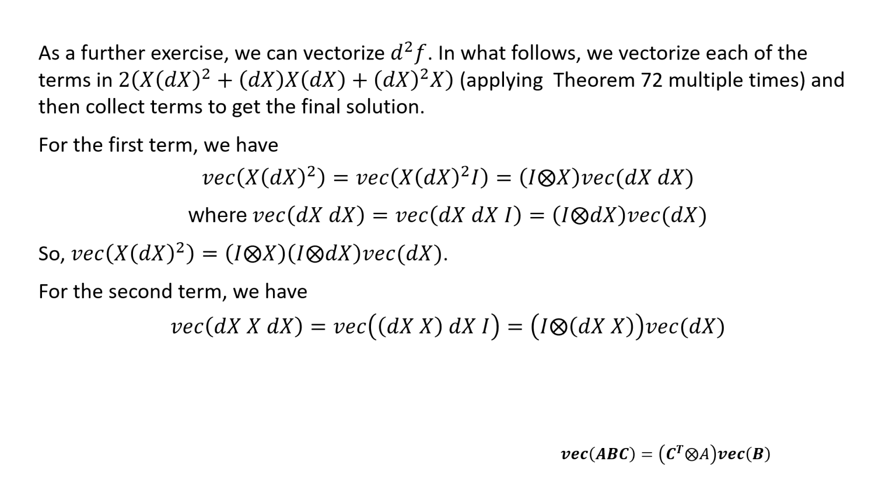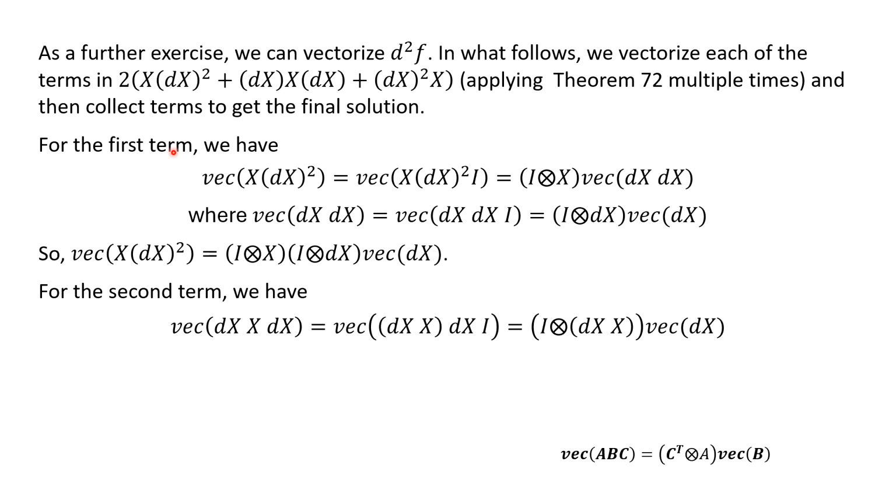So as I noted, as a further exercise, we can vectorize the second differential. The process is we vectorize each of the terms. This was our solution from the last slide. We apply theorem 72. Remember, we've used that before. I wrote it down here several times, and then collect terms to get the final solution.